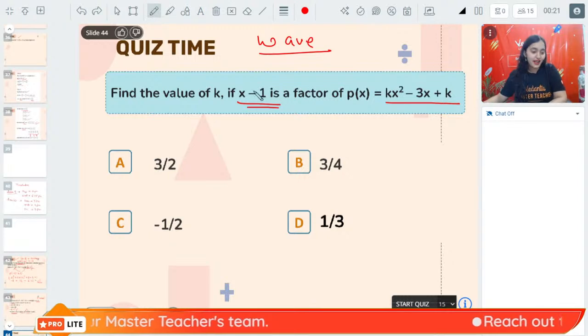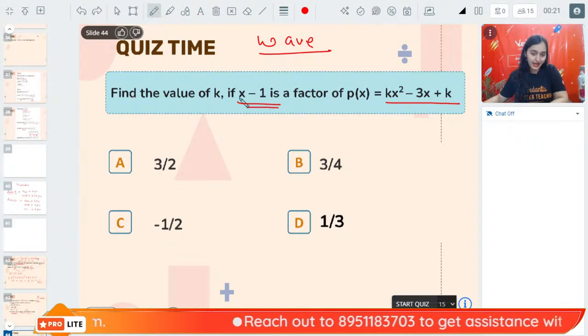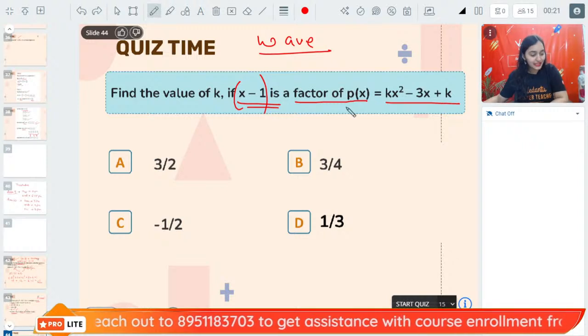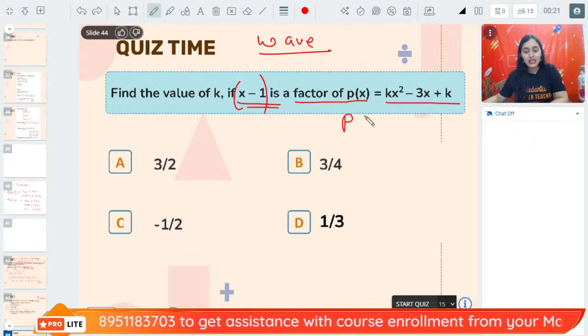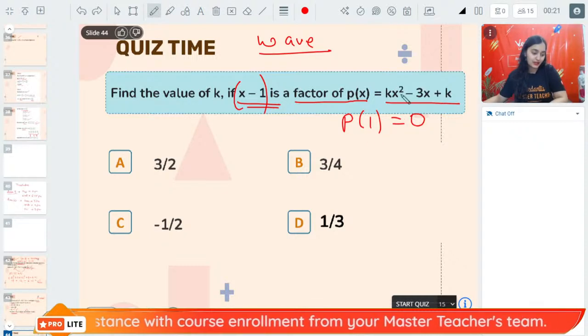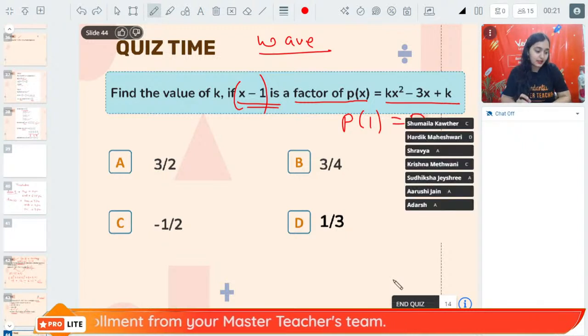Factor theorem we will apply. If x minus 1 is a factor of p(x), then p(1) will be 0. Like this we will solve the equation. Chalo. 3, 2, 1, start. Find out the answer.